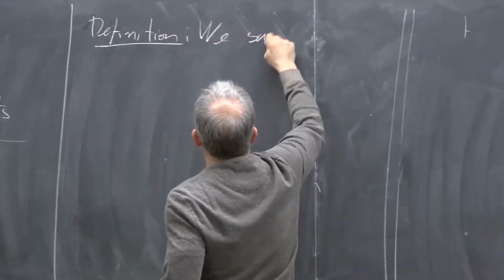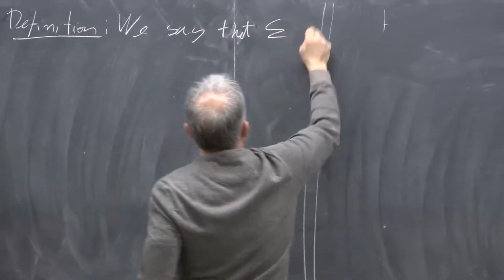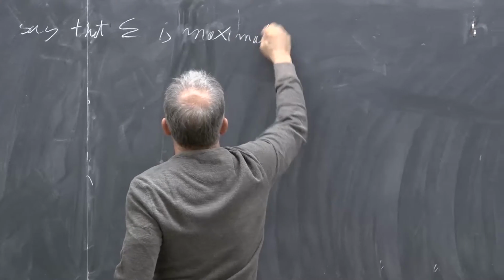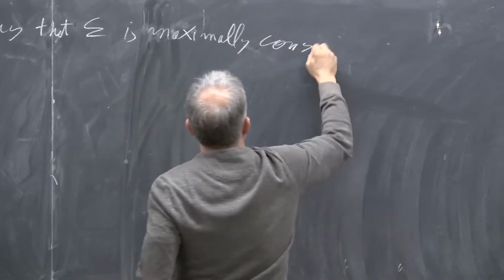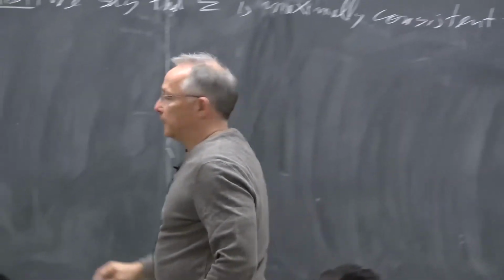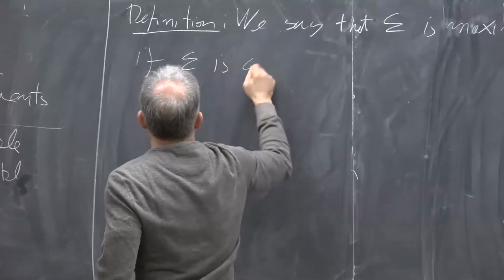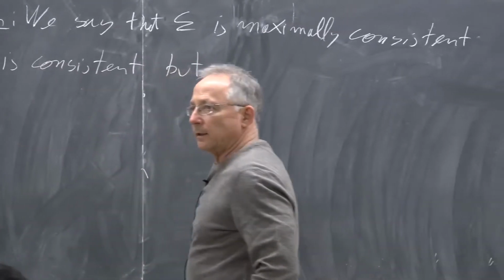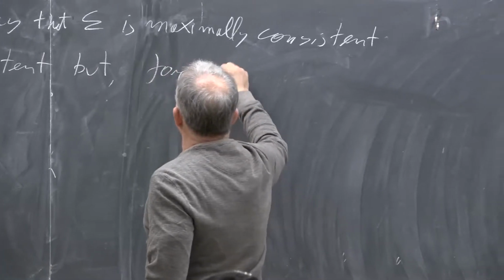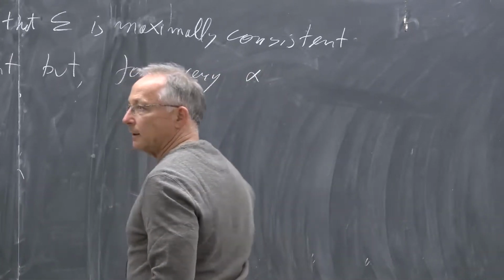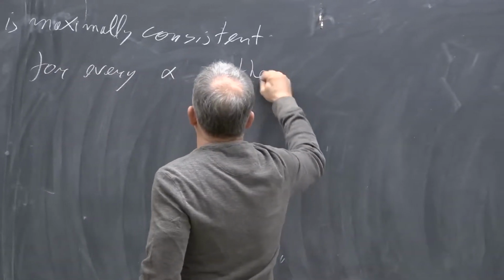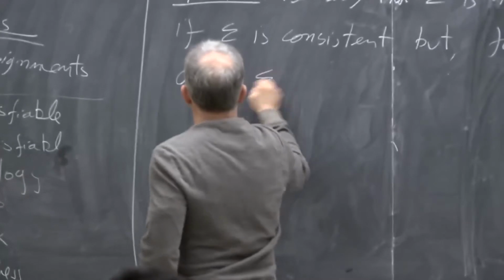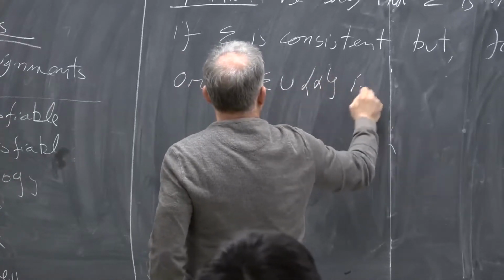We say that sigma is maximally consistent if sigma is consistent, but for every alpha, either sigma proves alpha or sigma union alpha is inconsistent.